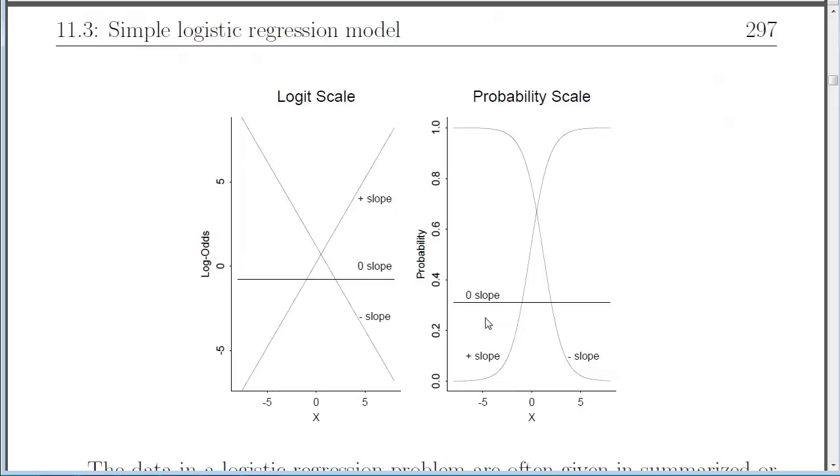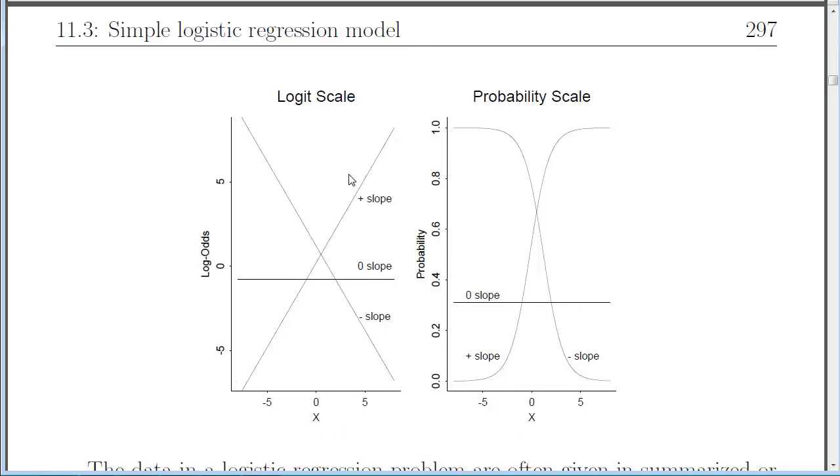And that corresponds to a horizontal line on the probability scale. So we've got the log odds, this is the logit scale, and this is the probability scale. And those correspond. Basically, there's no relationship. The probability doesn't depend on x, and it's just a straight line with an intercept.